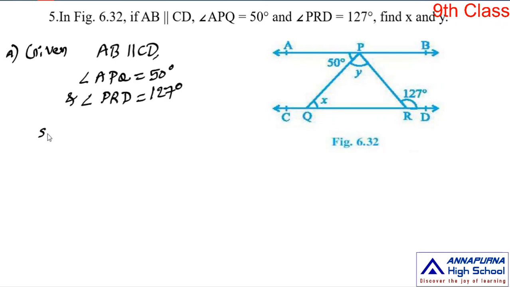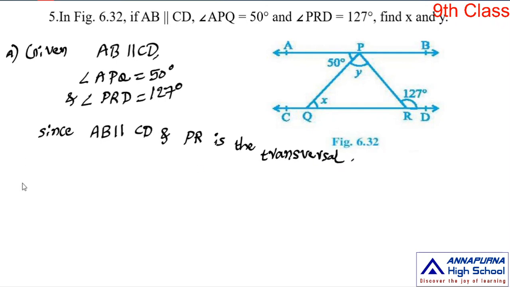Since AB is parallel to CD and PR is the transversal, angle APR, this is the total angle APR, and angle PRD are alternate interior angles and equal.